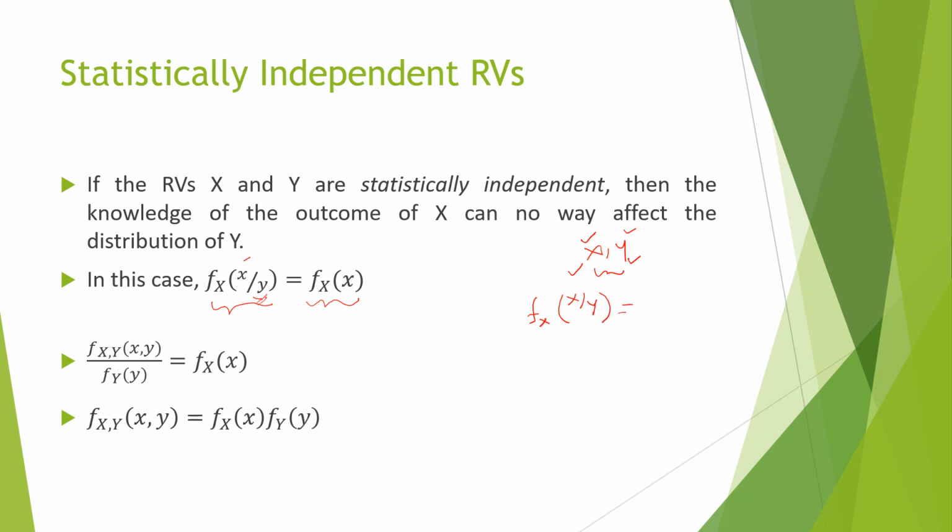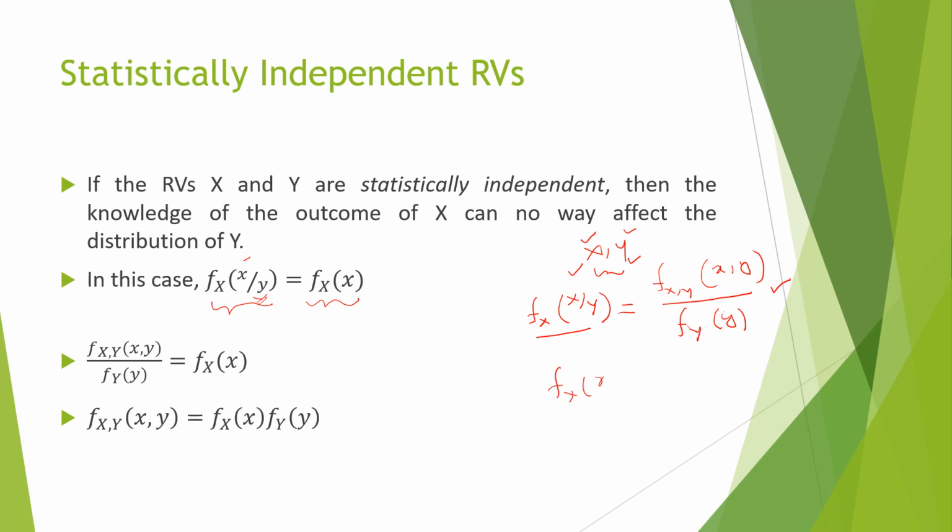Now we rewrite the equation for the conditional probability density function of x given y, which is equal to the joint probability density function divided by fY(y). This is the basic definition of the conditional probability density function. Now if x and y are statistically independent, then this becomes fX(x).